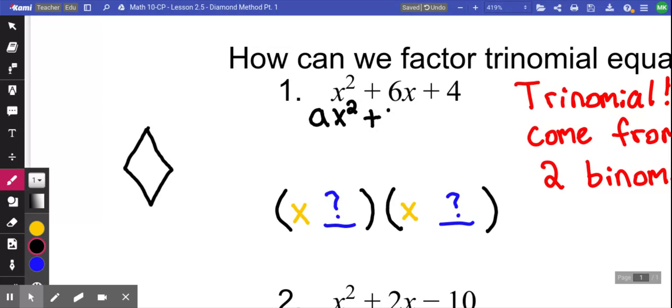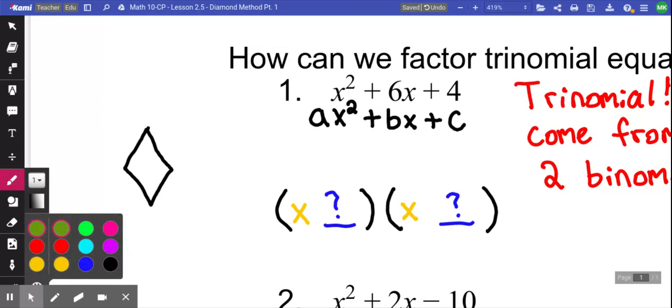Then there's a value we call b, and that's in front of your x. And there's a value at the end of your trinomial that we call c. So in this question, a would equal 1, b would equal 6, and c would equal 4. To be able to do the diamond method, you need to know those values.